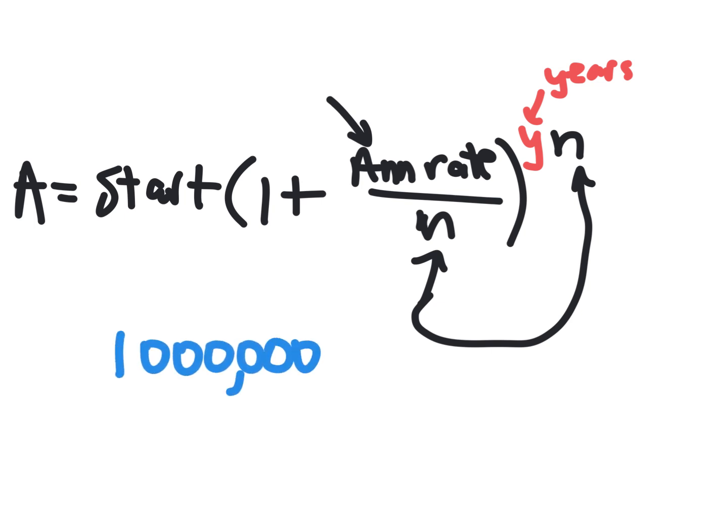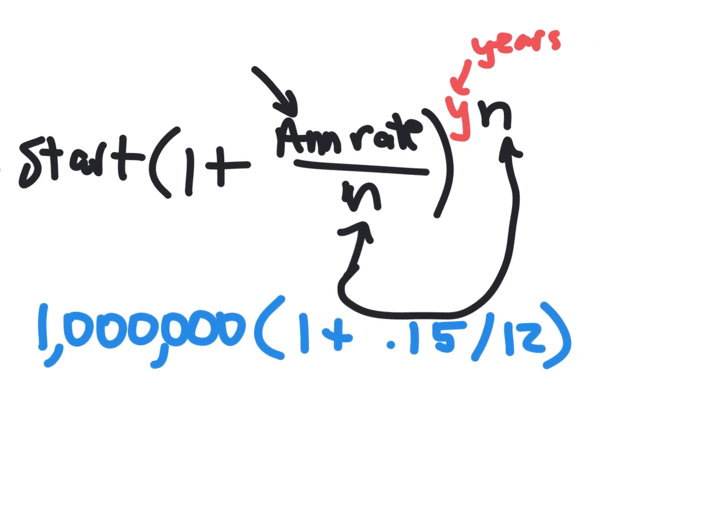You don't put commas in the calculator, of course, but I'm putting them so you can see that that's 1 million plus 0.15 for your interest divided by 12, because she said to make it compound monthly, which you can do.